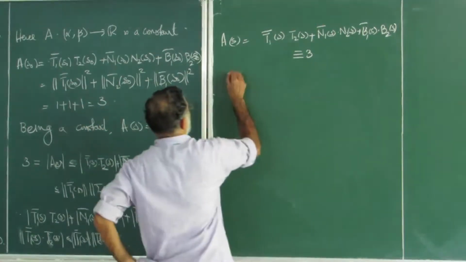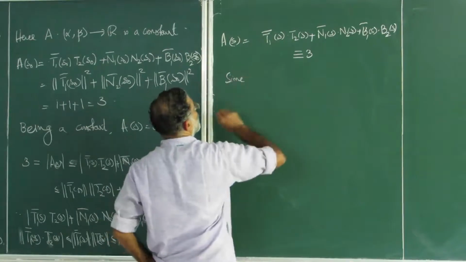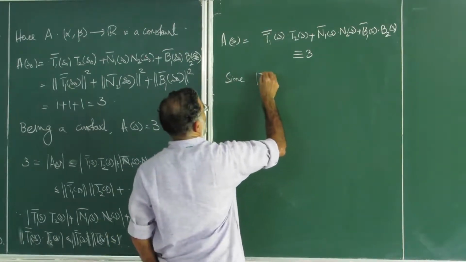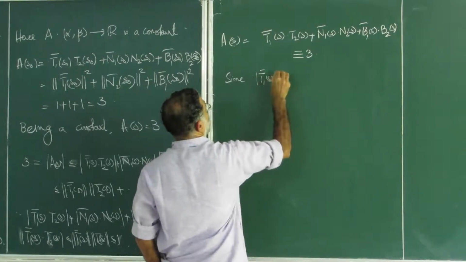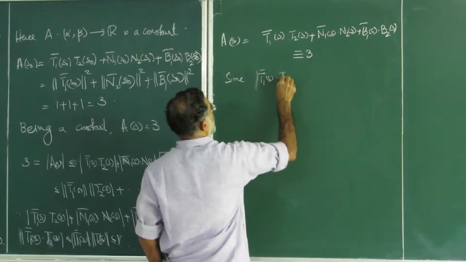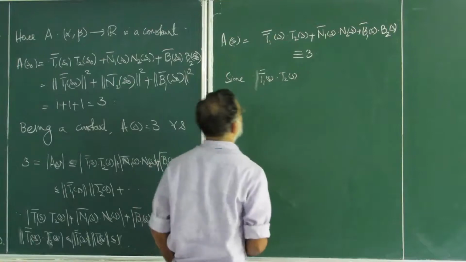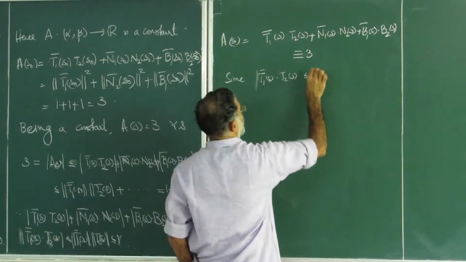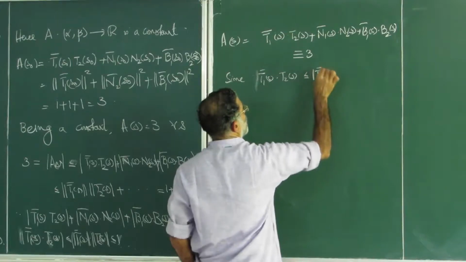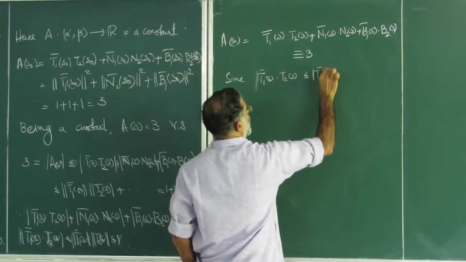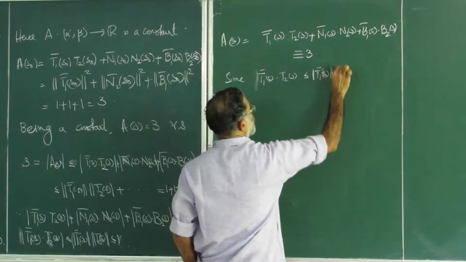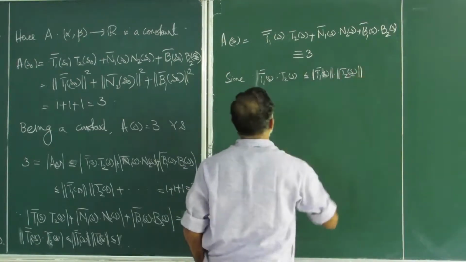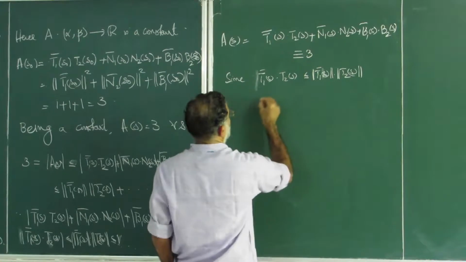Okay? So, since T1 bar s dot T2 s is always less than or equal to norm of T1 bar s into norm of T2 s, and the other 2 similarly, I am not going to keep writing.